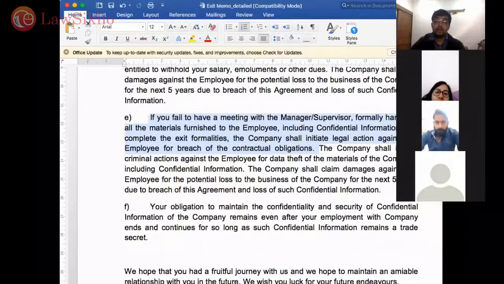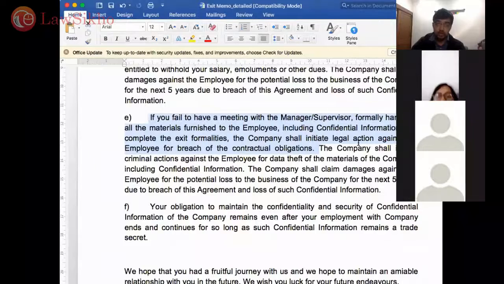We are talking about a contractual obligation under the employment agreement itself, which would have stated that all confidential information shall be destroyed on termination of the relationship or returned to the company. That kind of a contractual obligation would already be there in the employment agreement. And this clause is just referring back to that and communicating to the employee that this is what we will do.